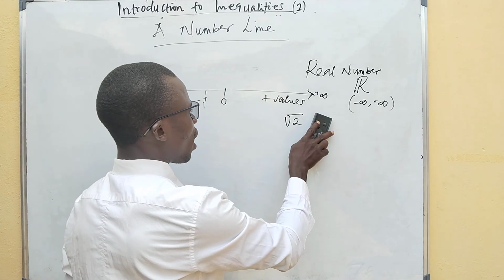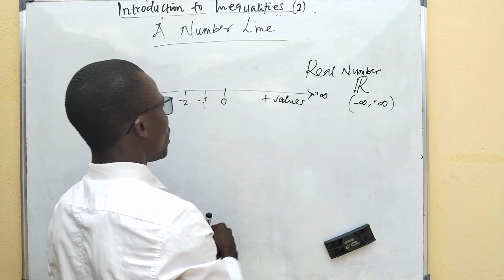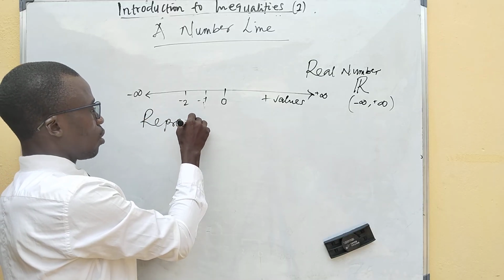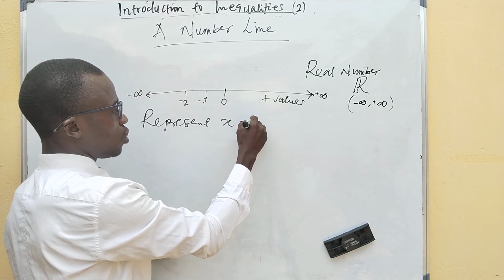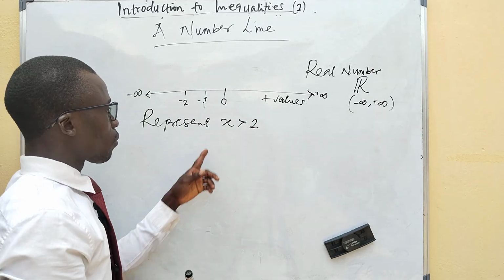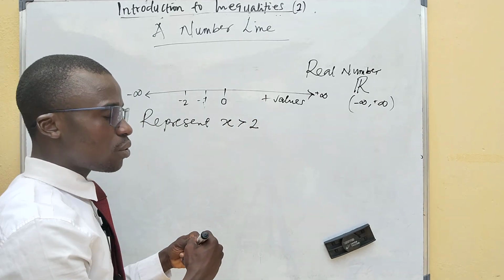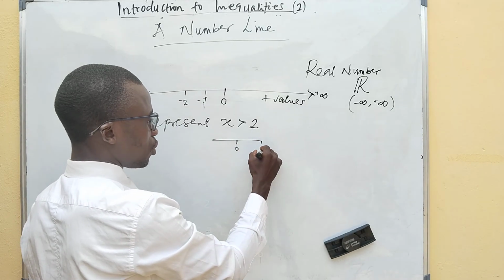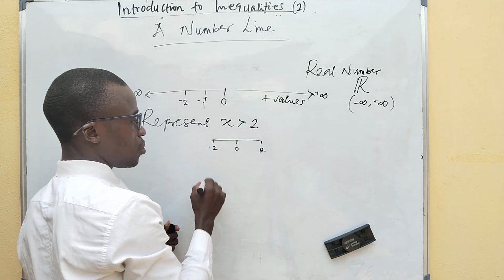Now, how do we understand this properly? Let's assume we want to represent x is greater than 2 on a number line. How do we do that? We can just draw a simple number line, call this 0, call this positive 2, call this negative 2.